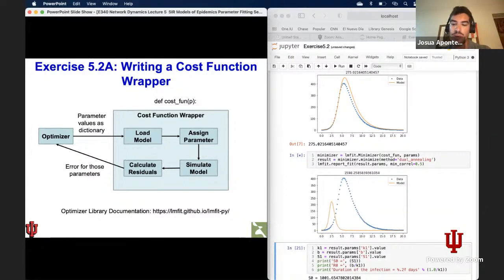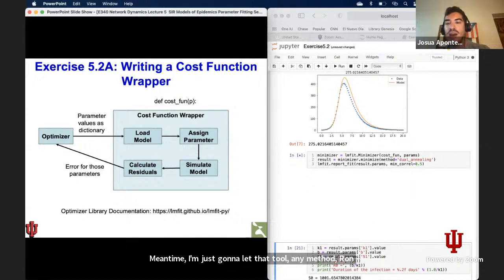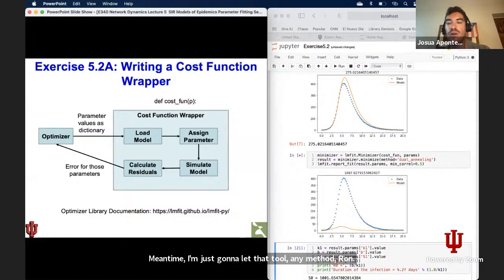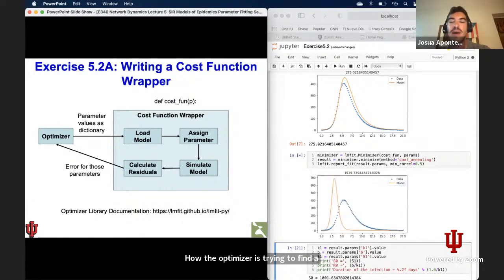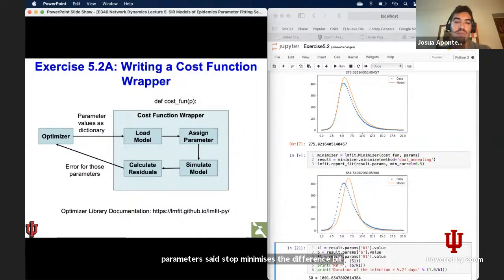In the meantime, I'm just going to let that dual annealing method run, and you can see how the optimizer is trying to find a combination of parameter sets that minimizes the difference between model and data.